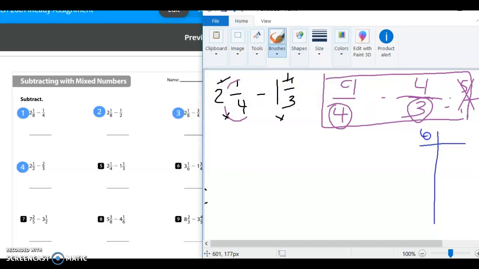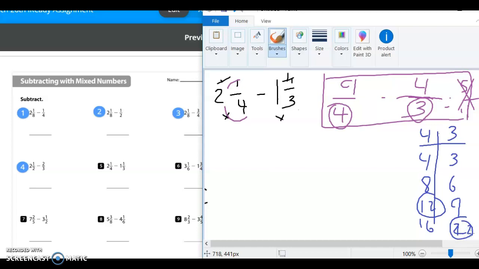You might be able to do this in your head, but I'm going to go ahead and do it on the screen for you. 4 times 1 is 4. 3 times 1 is 3. 4 times 2 is 8. 3 times 2 is 6. 4 times 3 is 12. 3 times 3 is 9. 4 times 4 is 16. 3 times 4 is 12. Well, there's my common denominator, my lowest common denominator. That's a 12. When I erased it, it sort of changed numbers.